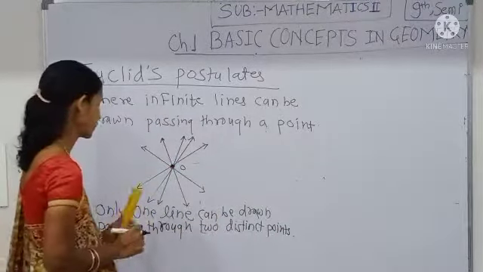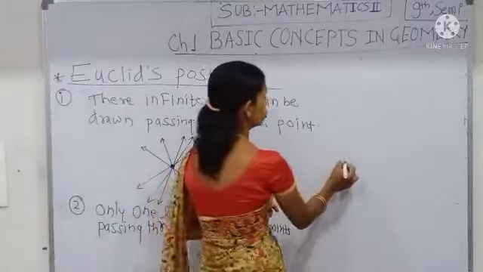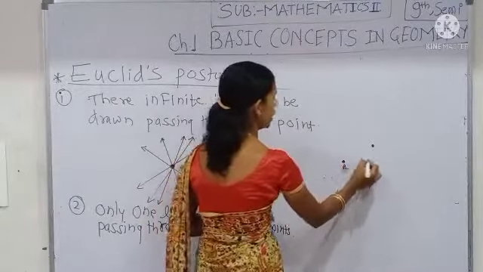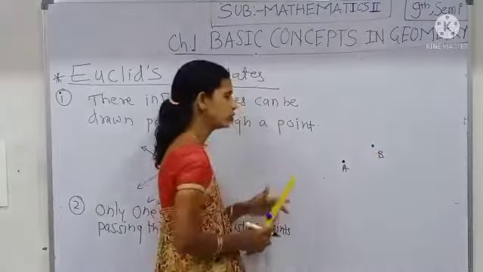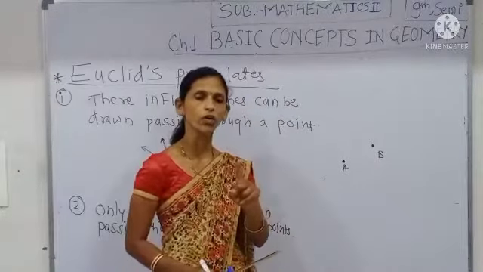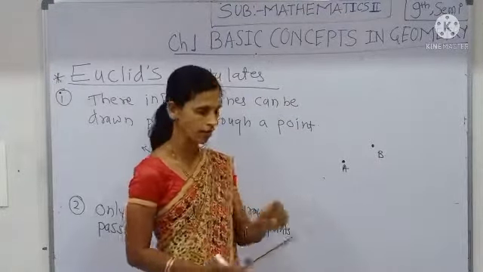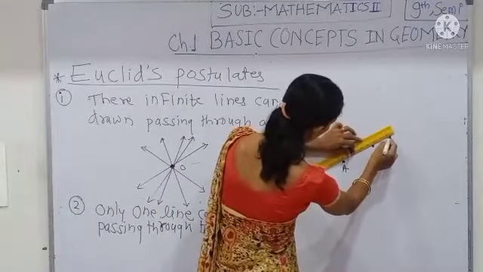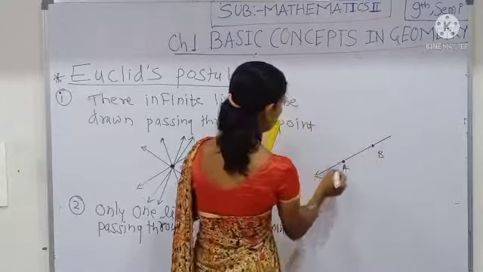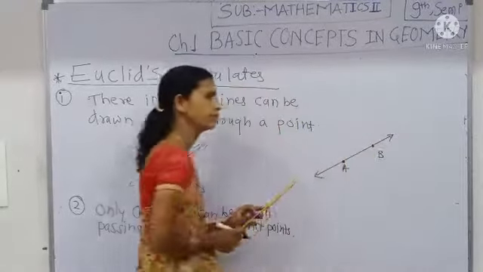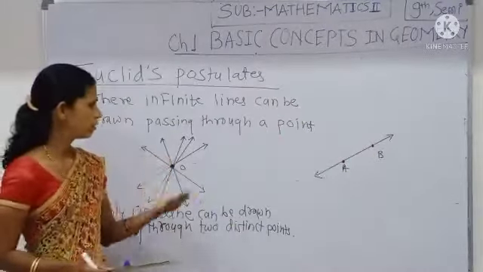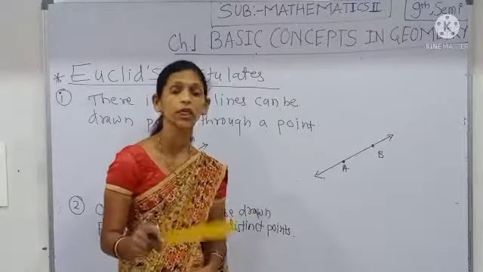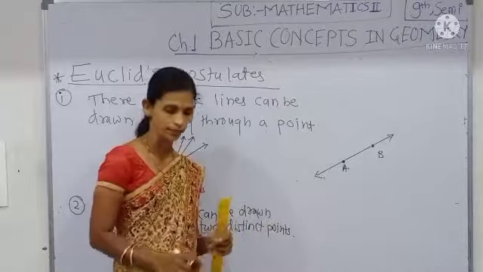If there are two different points, point A and point B, we can draw one and only one line through them. We can draw only one line passing through them. That is one more postulate given by Euclid.